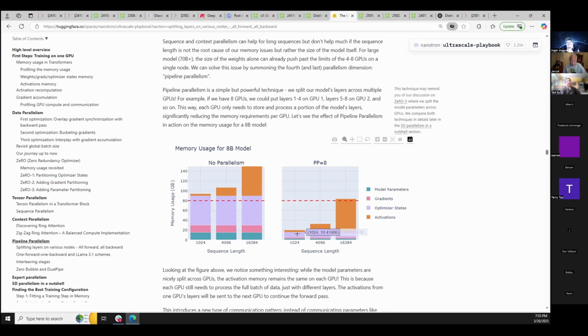But basically, by splitting the layers amongst the different GPUs, you're not actually saving on the orange. You'll see these oranges are the same size either way. But because you're splitting the layers 8 ways, you have 1/8 as many parameters, 1/8 as many optimizer states. If you were not doing activation recomputation, then you would also get an 8-way reduction in your activations.